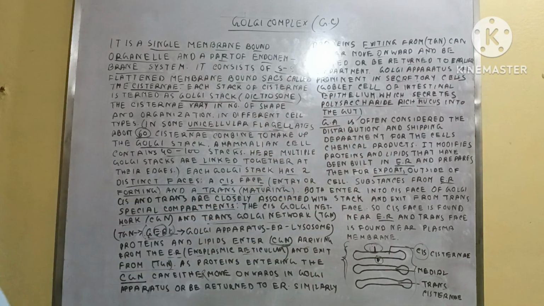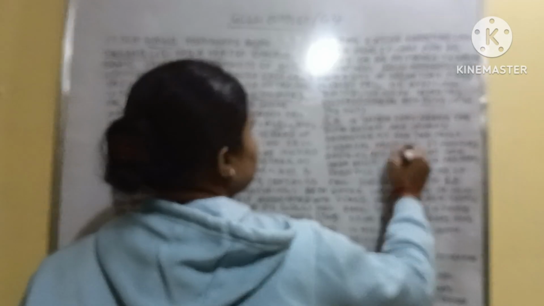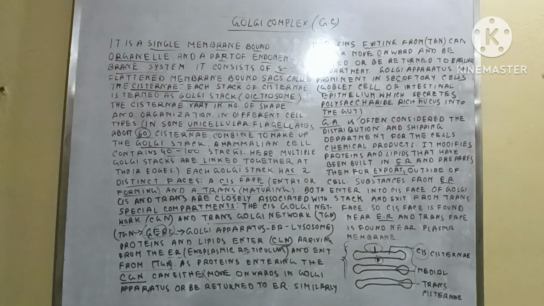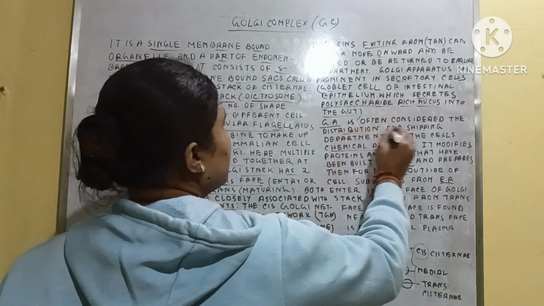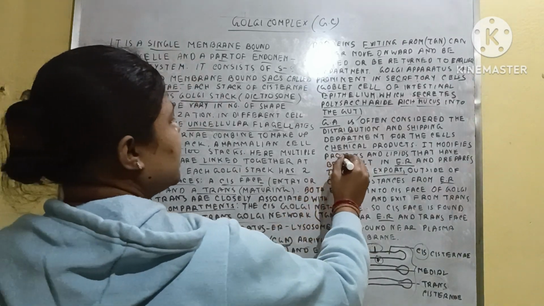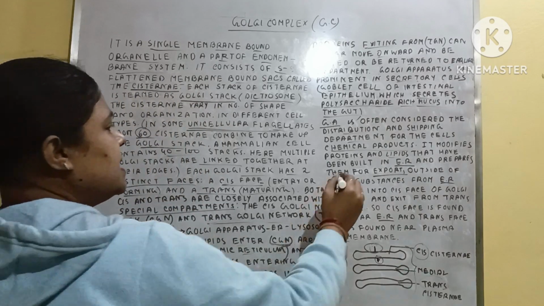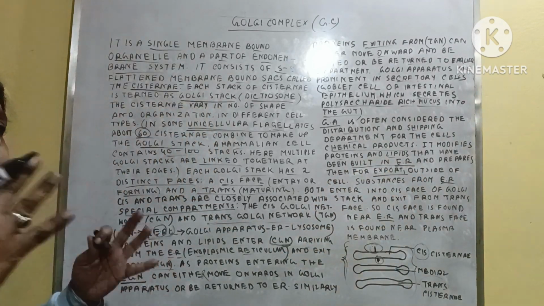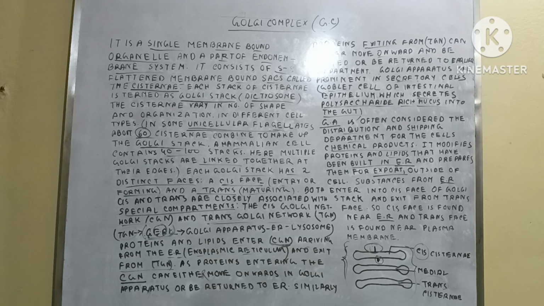The Golgi apparatus is often considered the distribution and shipping department for the cell's chemical products, because generally the Golgi apparatus helps in releasing secretory products. Clear? And it modifies the proteins and lipids that have been built in the ER. So what is the function of the ER? The ER generally produces the protein or lipid particles that are necessary for the cell.